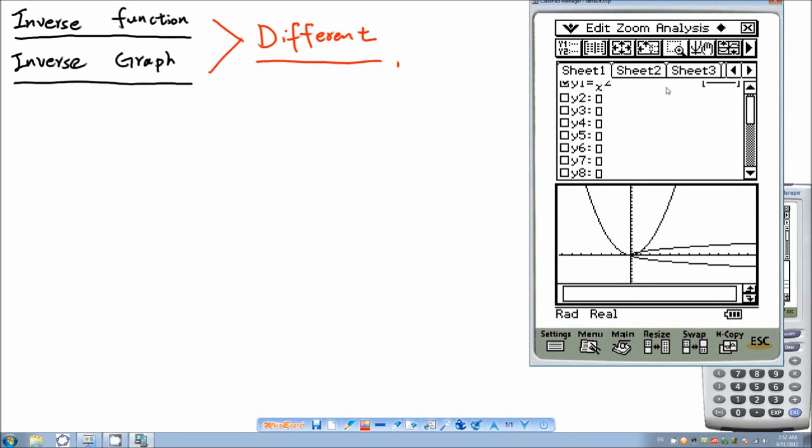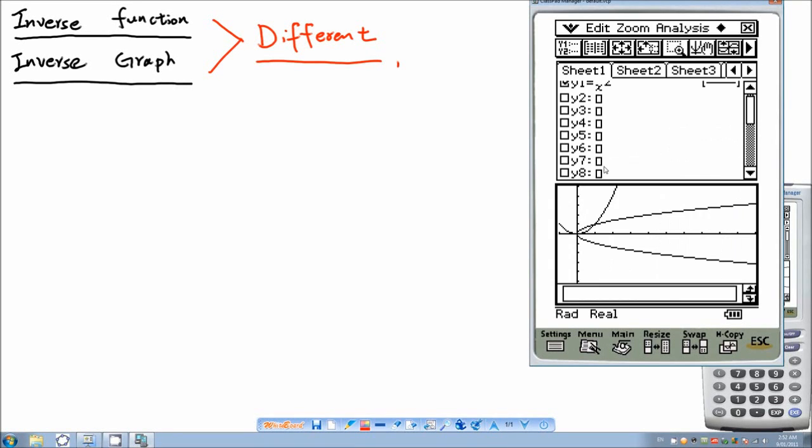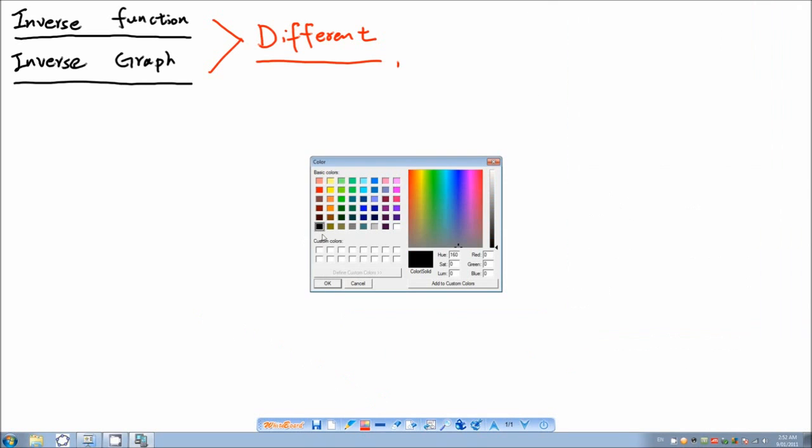Anyway, if we zoom it, it will be the same. It will be the similar graph we found before. Let me just sketch it now.